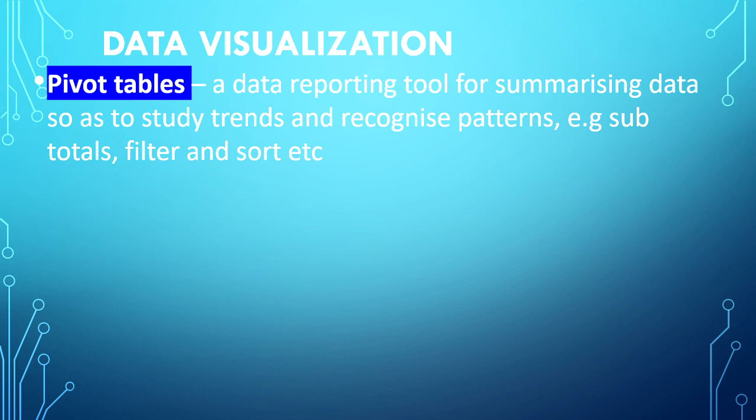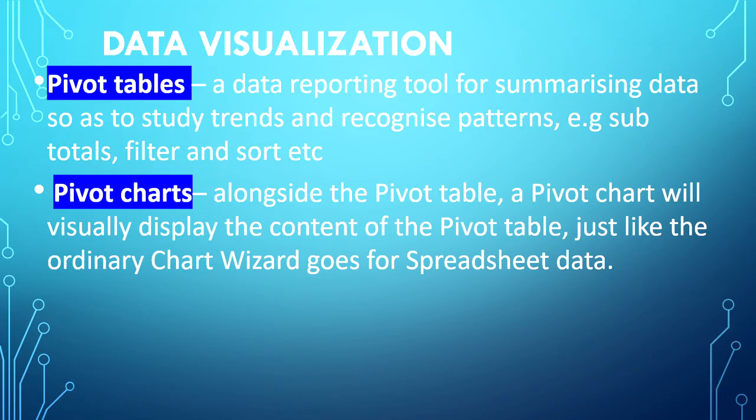It uses features like subtotals, filter, and sort, among others. Then from the pivot tables, we can develop the pivot chart, and it graphically displays data. The data that has been summarized in the pivot table is displayed visually in the pivot chart.